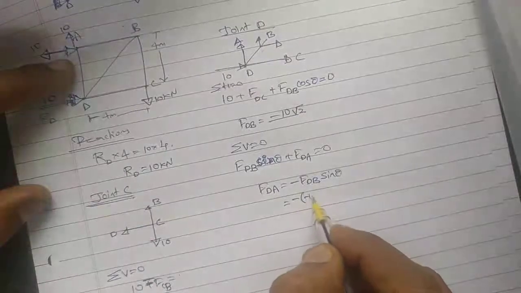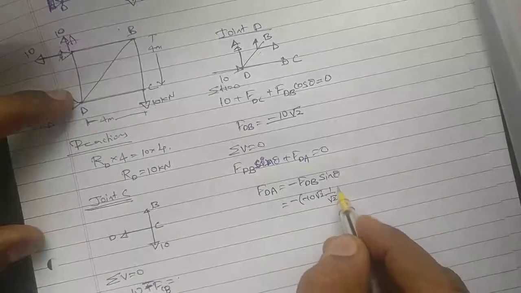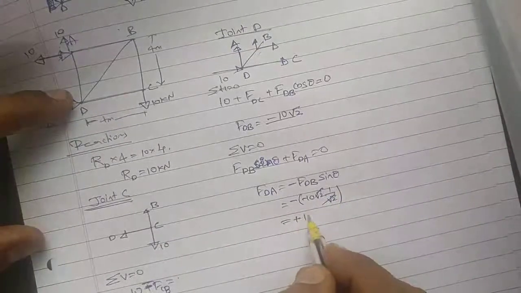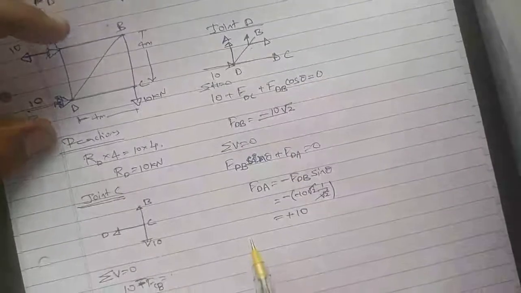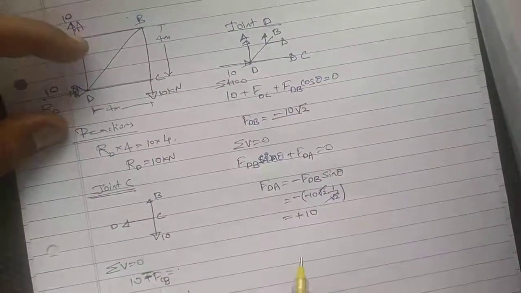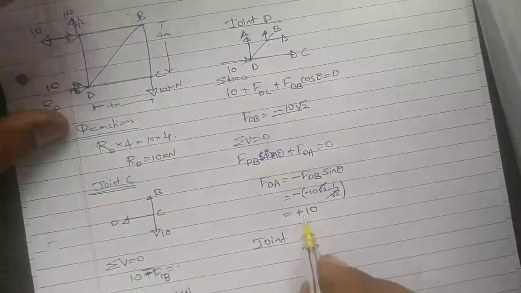FDB is minus of minus 10 root 2, 1 by root 2, becomes plus 10. FDA is plus 10. Next we go for joint B.